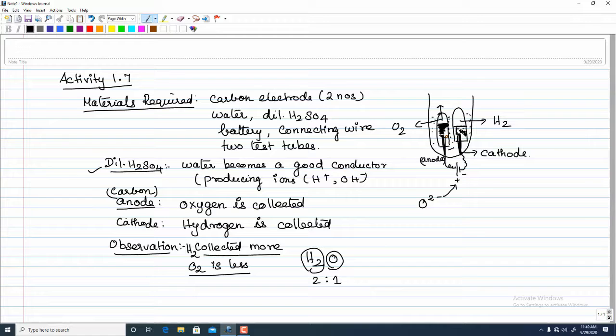Both electrodes are carbon, but since we connect one to the positive terminal we call it the anode, and the one connected to the negative terminal we call the cathode. And what gases are collected? At the anode, oxygen, and at the cathode, hydrogen.